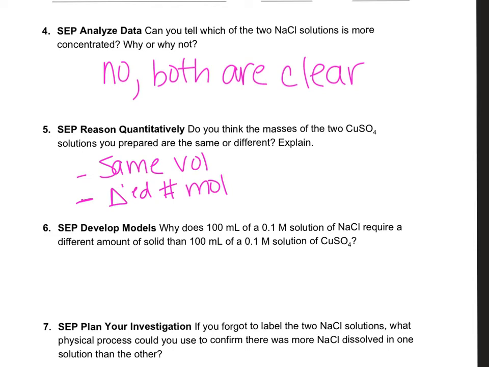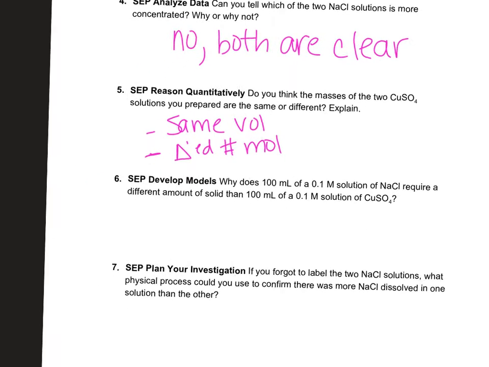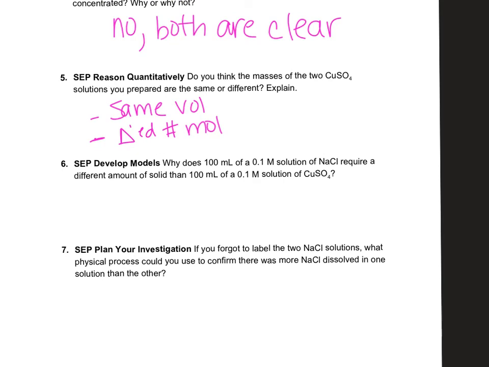It's not the same exact amount of water every time. We add water to get to the final volume of 100 milliliters. So could it have been a little different, or could it have stayed the same? That's what I'd like to see what you would say, so I will leave that one up to you.